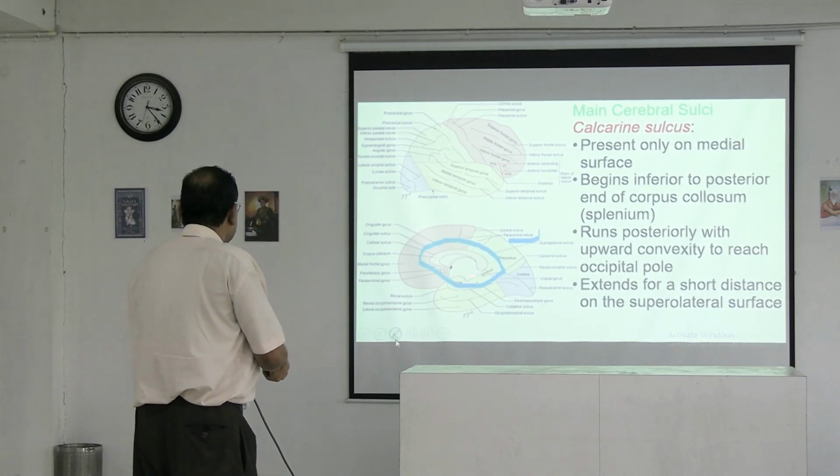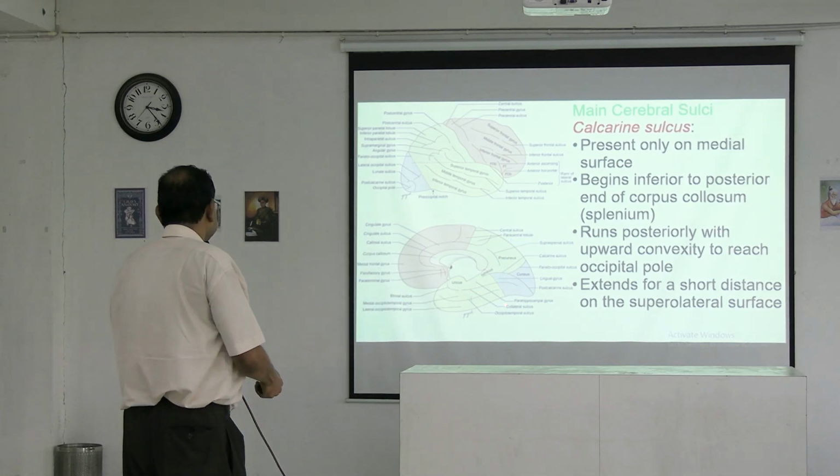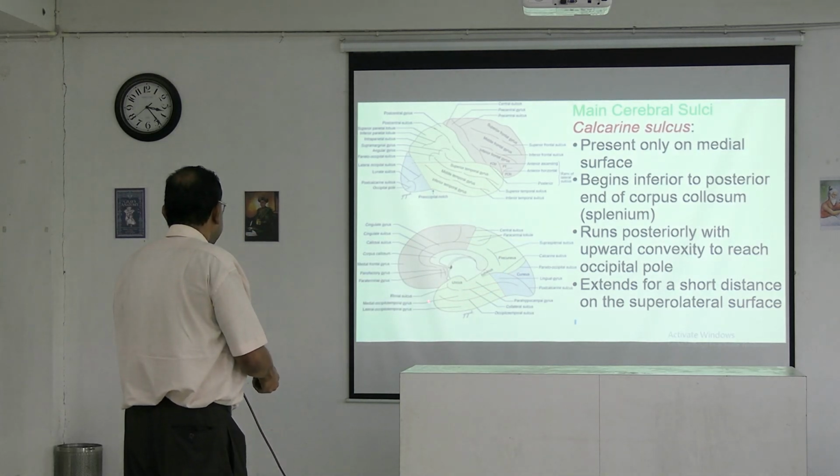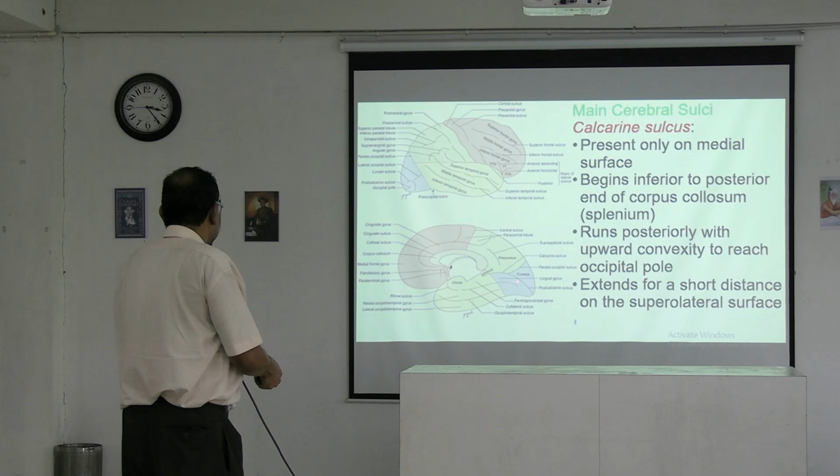Now, in the lower surface, in the inferior surface, we can find one sulcus. This sulcus is called collateral sulcus, two parallel sulcus in the inferior surface. Though it is medial surface, actually it is a part of the inferior surface. Here we are getting one sulcus.